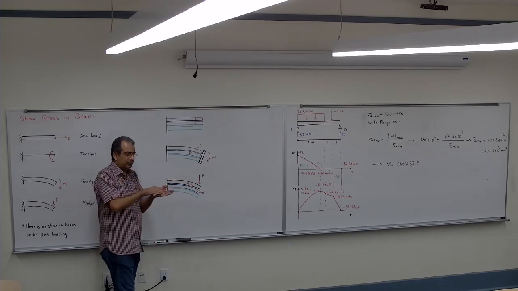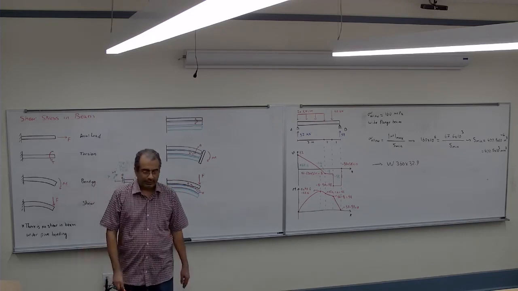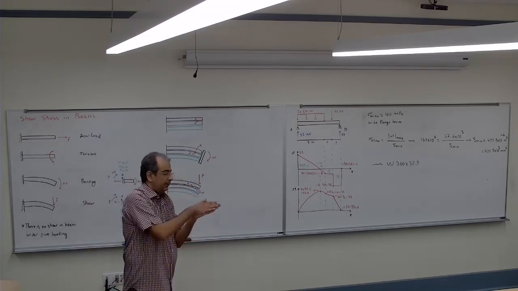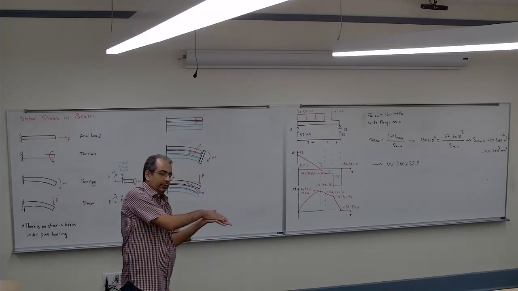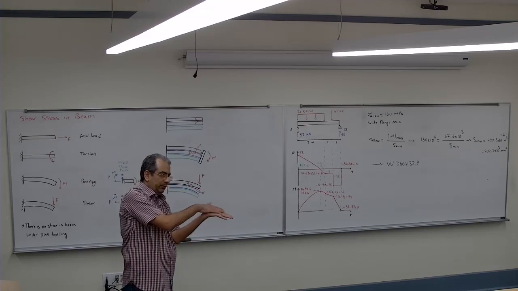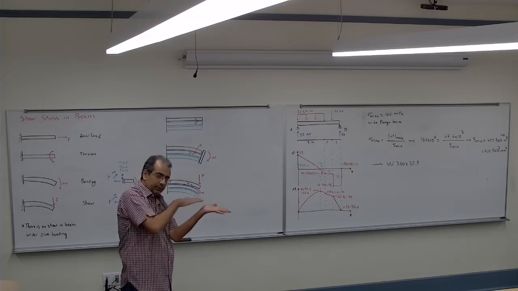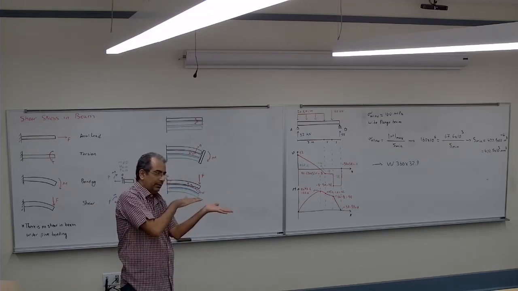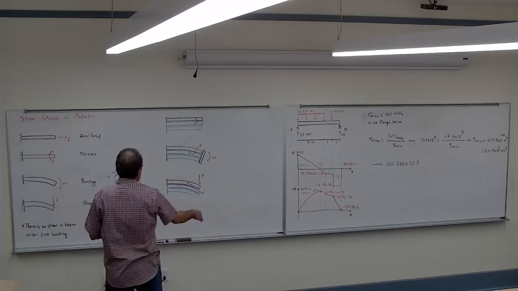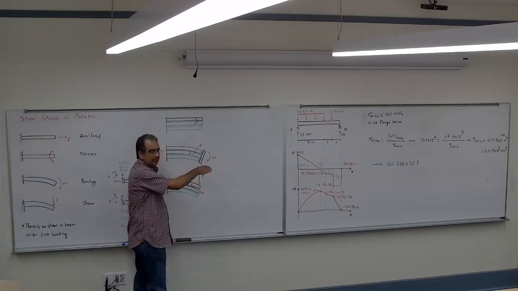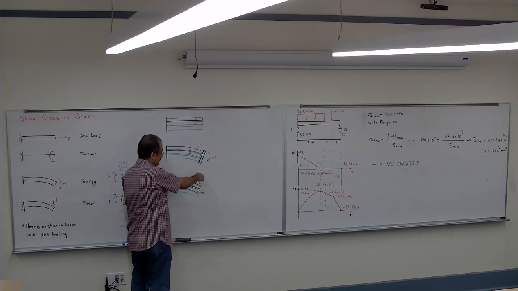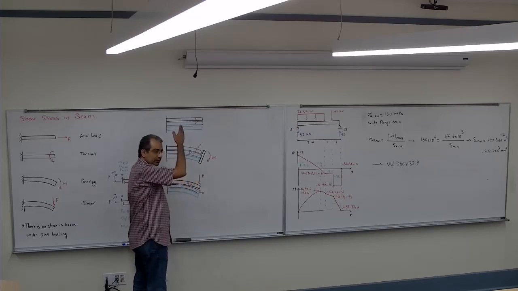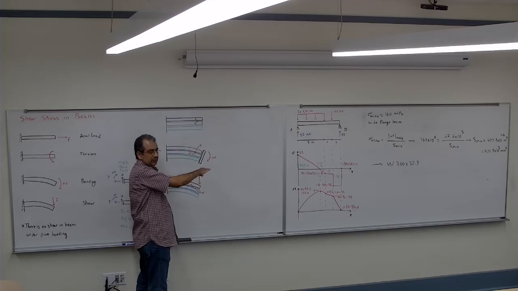Because when I bend these two plates, they move on top of each other. Why do they move on top of each other? There should be a horizontal force to make them move. So under bending, nothing happens horizontally. But under the shear, under the transverse load, there would be both vertical and horizontal shear.